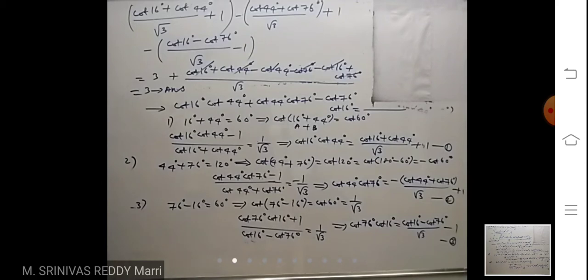So that is how to approach these types of problems. Next application.